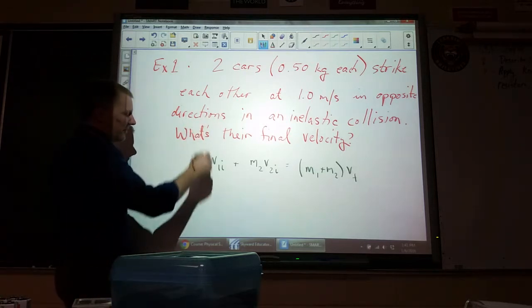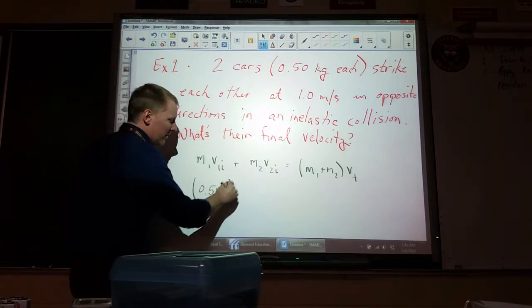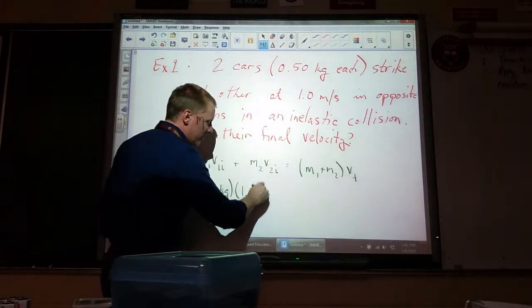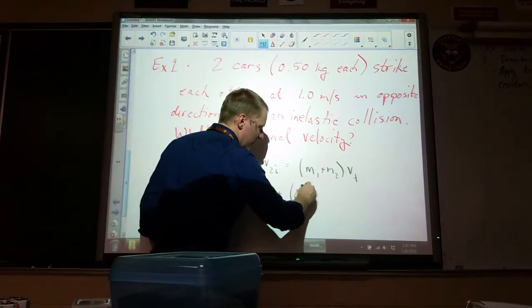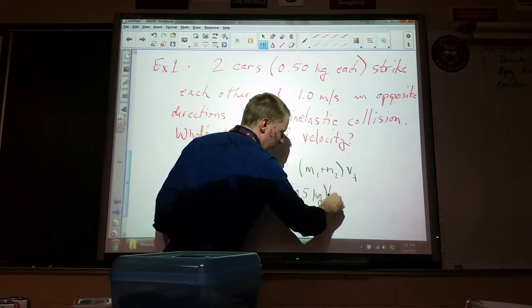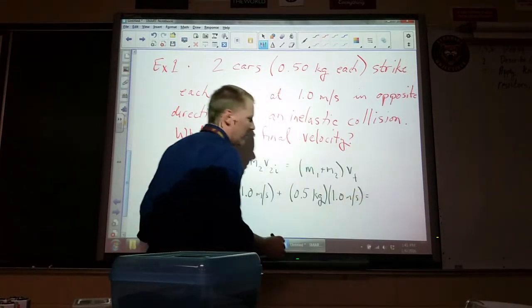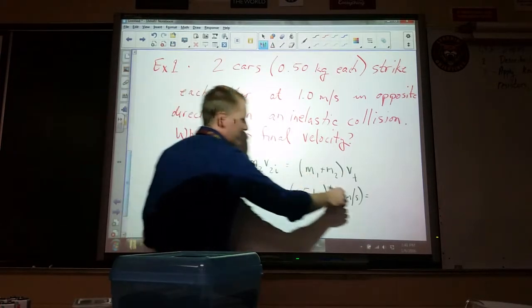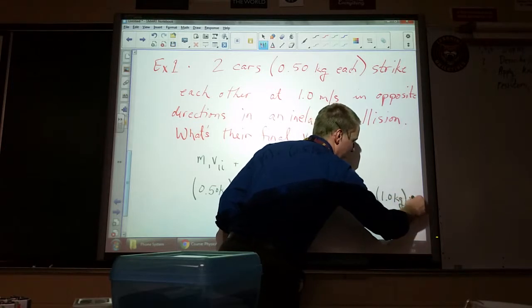So we have a mass of each of them, 0.5 kilograms, times 1.0 meters per second, equal to the sum of their masses, which will total 1 kilogram, times whatever their final velocity is.